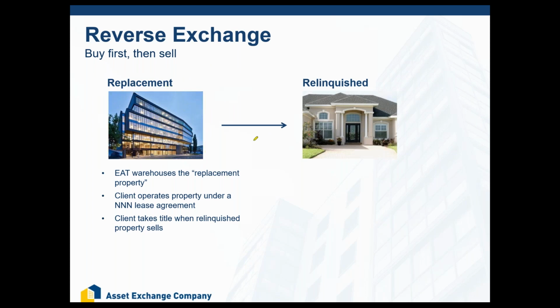There's also transfer taxes that you have to pay twice. There's escrow and title fees that you have to pay twice. Our fee is higher. So reverse exchanges are complex and more expensive. But they are possible. So we do them, but it has to be the right client with the right lender. Or it has to be an all-cash purchase, no lender involved.